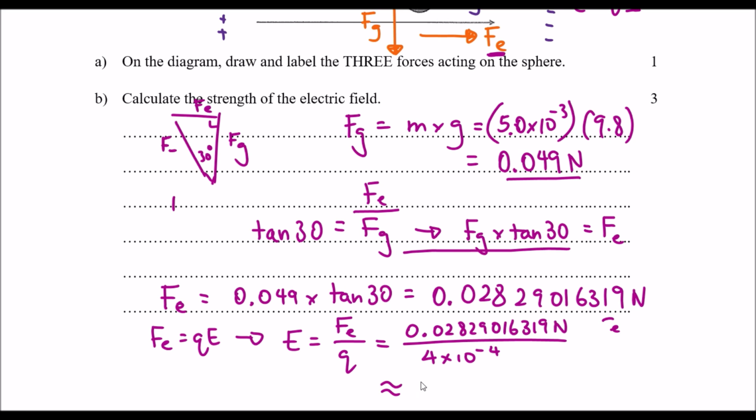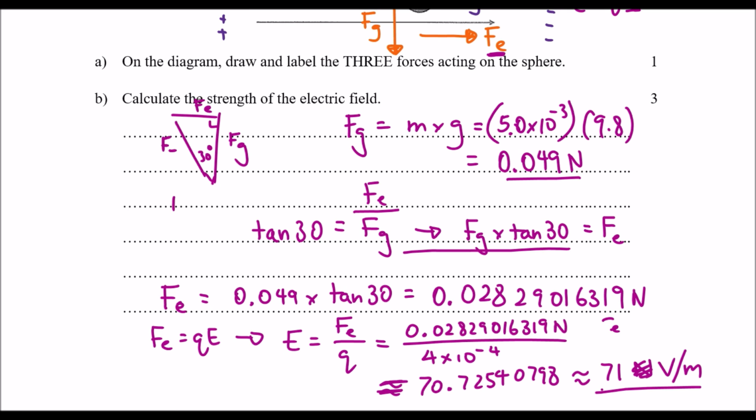The actual answer is 70.72540798, which is approximately 71 newtons per coulomb, or 71 volts per meter, for the electric field strength. That's how we can work out the electric field strength that the charged particle experiences as it's hanging by the mass.